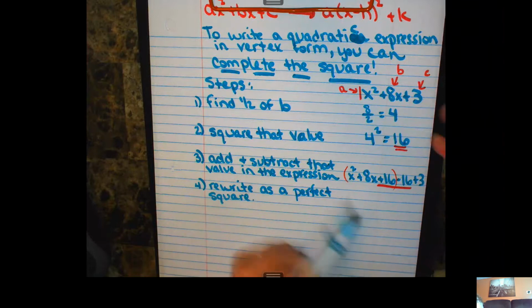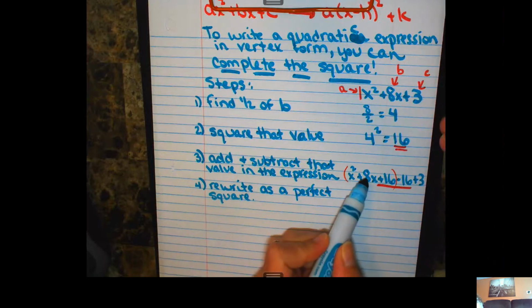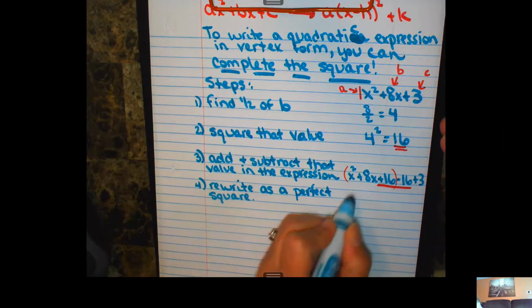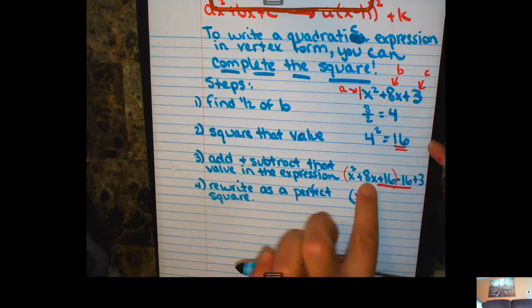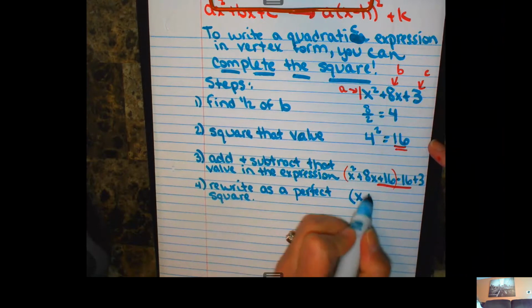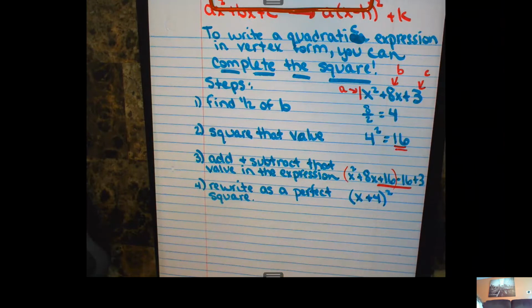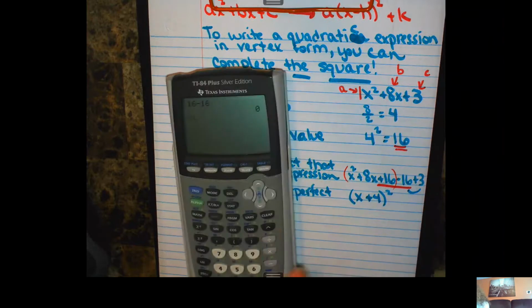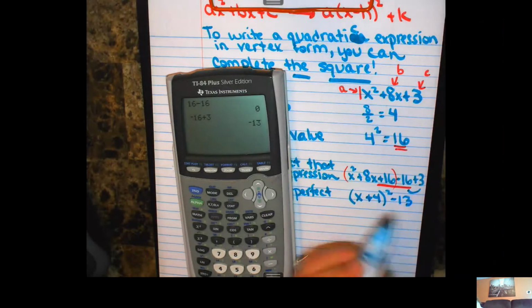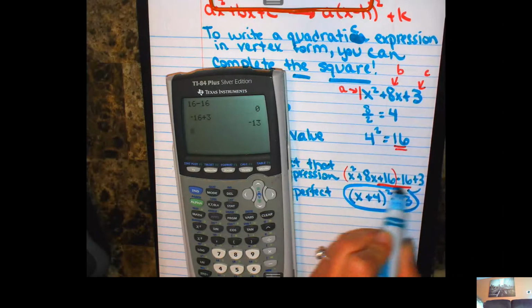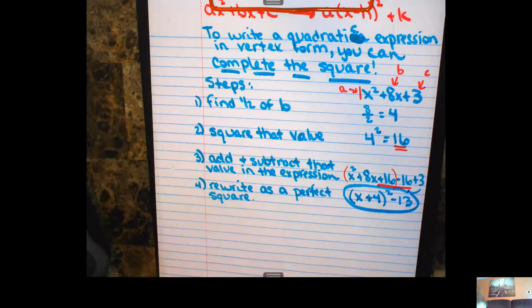So remember, half of 8 was 4, 4 squared was 16. So our perfect square is going to be half of this middle number, which is 4. So we're going to have x plus 4 in our parentheses squared. Then we're going to combine these 2 numbers. So negative 16 plus 3 gives us negative 13. There is our answer in vertex form.